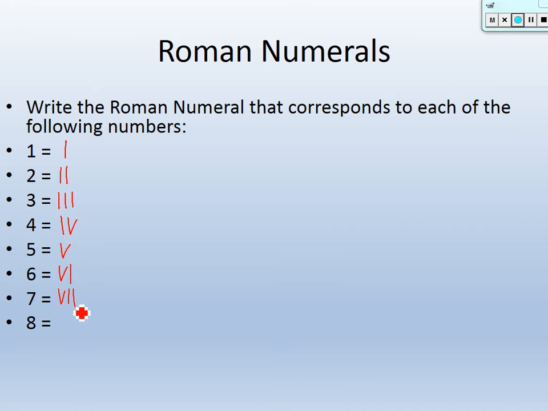VII. Number 8? VIII. And 9's a little bit different. What is it? IX. Good. And then 10 is X. Again, 1 before 10 is 9, so that's easy for me to remember.